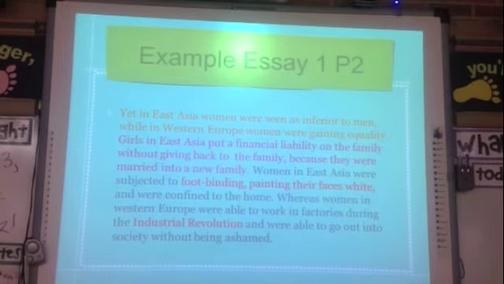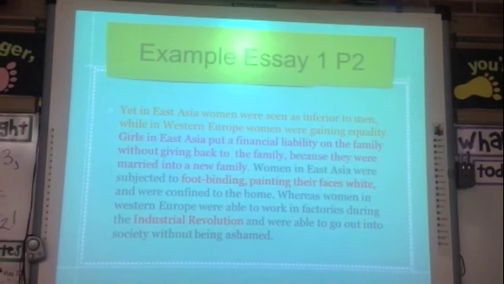This is the second body paragraph that the student wrote. And in this body paragraph, they have their baby thesis here, and it says, yet in East Asia, women were seen as inferior to men, while in Western Europe, women were gaining equality. And this baby thesis earns you that second point for addressing all parts of the question. This next sentence is where they earn their analysis point, which is them describing why these two areas were different.